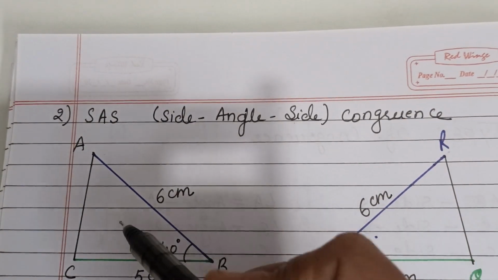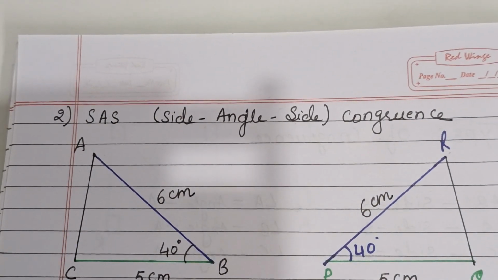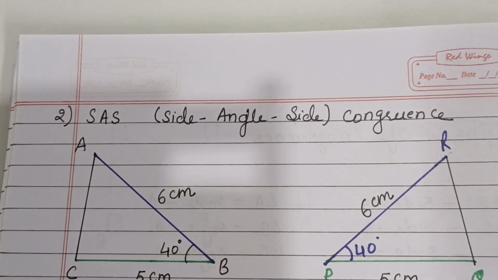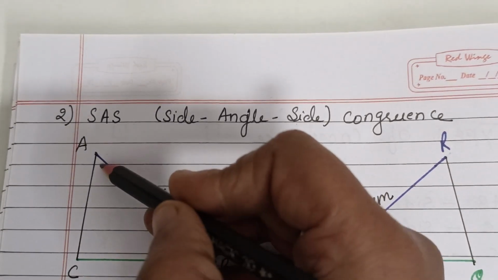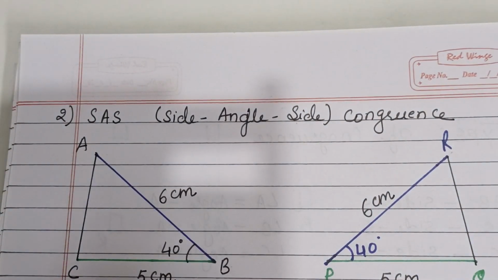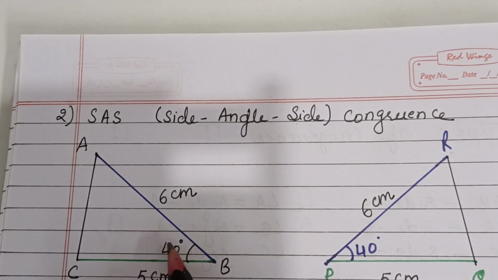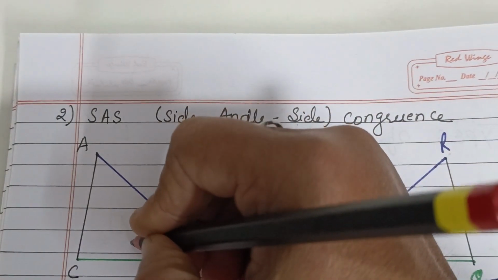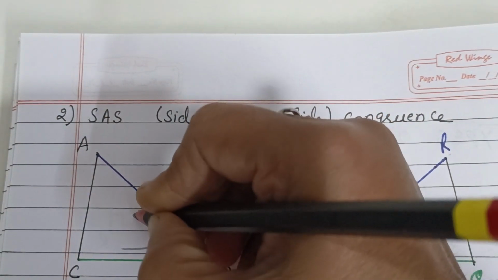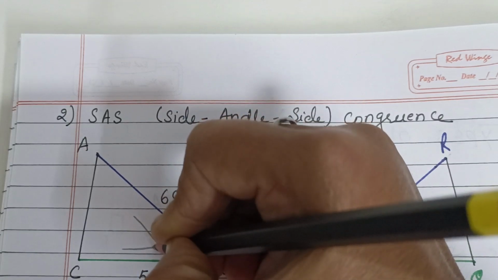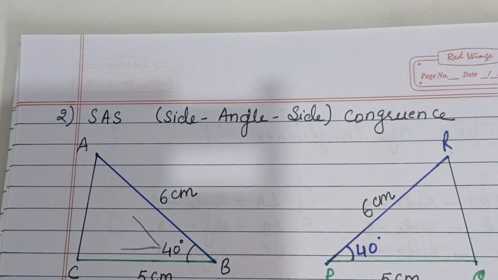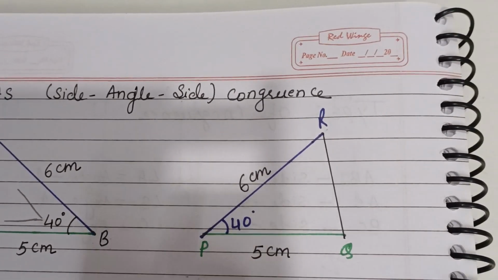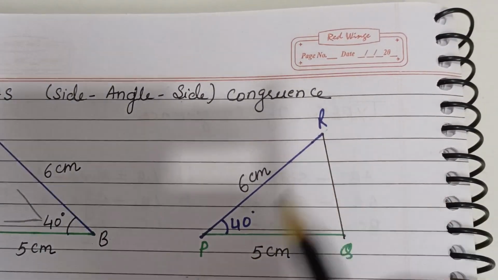Like if I talk about this particular triangle ABC, I see that in this 6 centimeter and in this 5 centimeter, the included angle is angle B. Now if I try to make an alphabetical letter, in which shape is it? It is in the shape V. Okay, now I come to the other triangle, that is PQR.